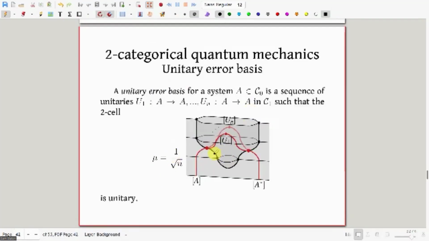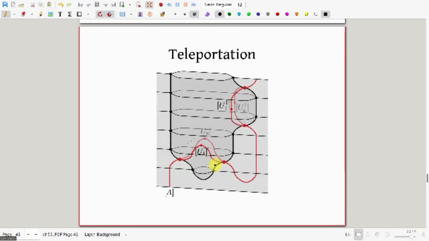This is the big guy. And so this is my teleportation protocol. That's my measurement over here, and this is my control operation here. And you can see what's going to happen here is I'm just going to pull this red string onto the different universes over here.